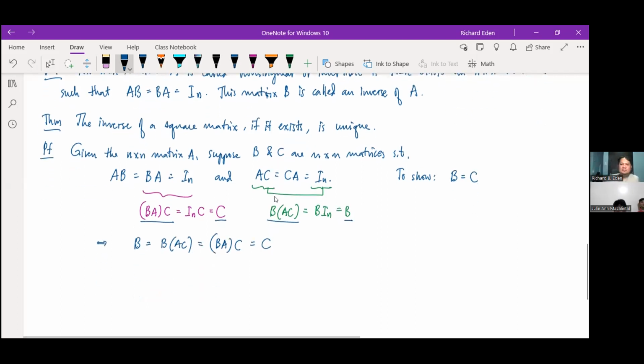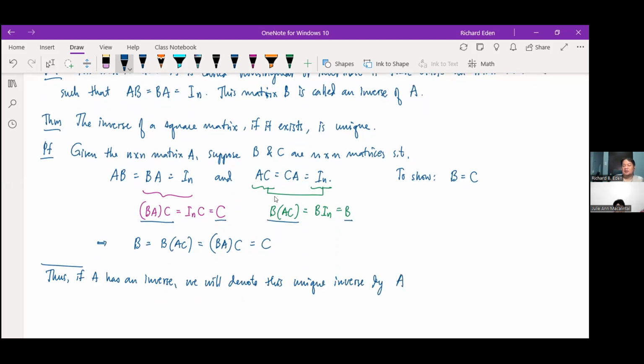So if A has an inverse, we will denote this unique inverse by using the notation A superscript -1.